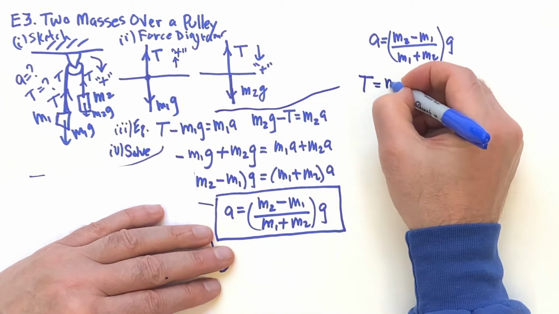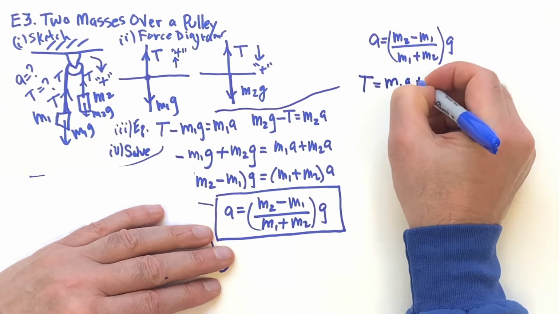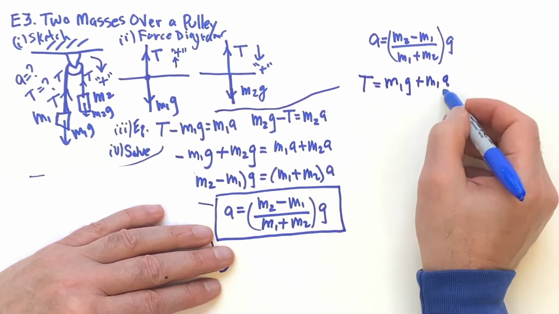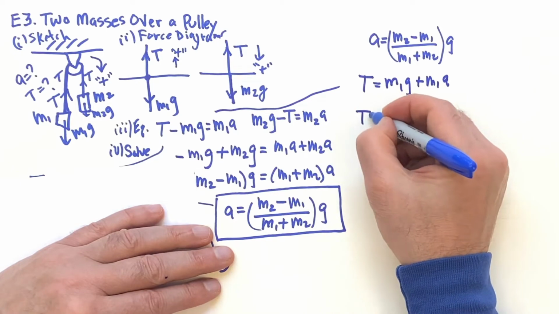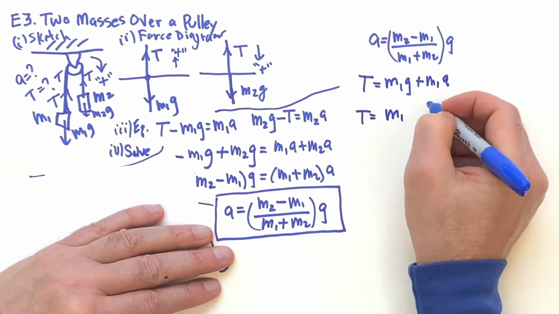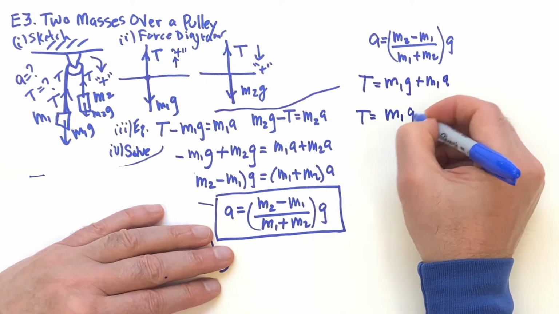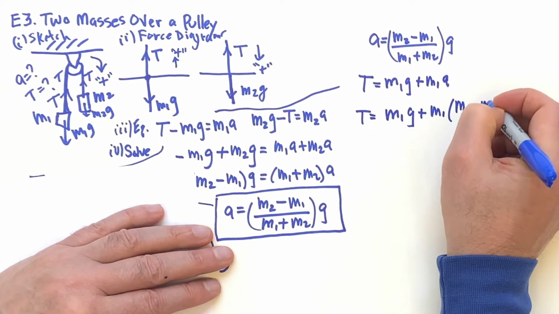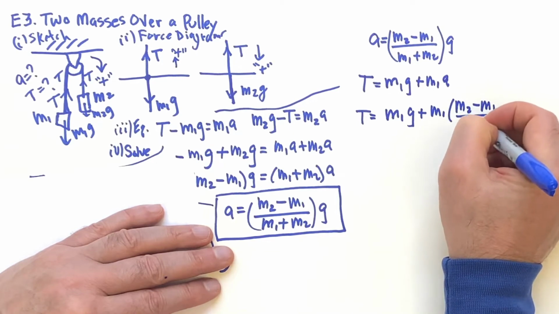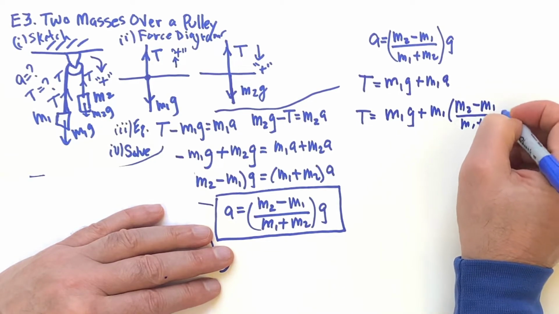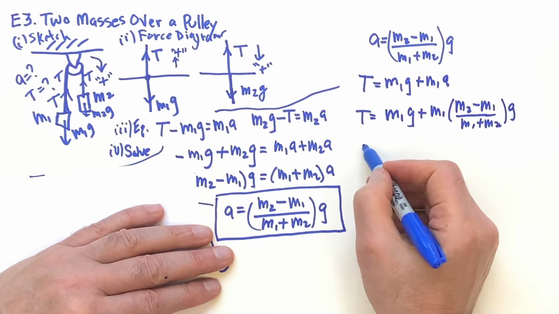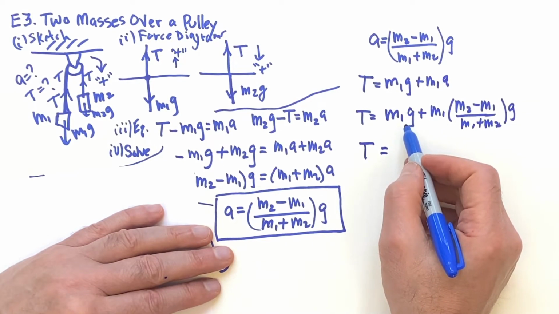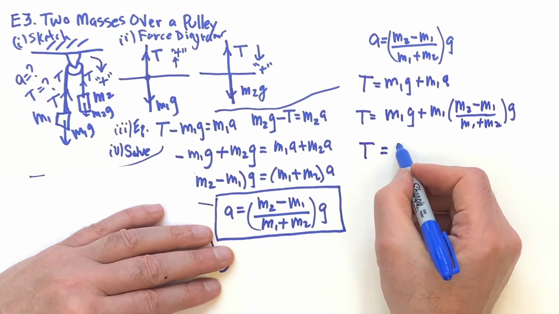Okay, so for the tension, I'm going to use this first equation here. T is M1G plus M1A. And we could use that equation for A. So T is M1G plus M1 times M2 minus M1 over the sum times G. Now I can pull out an M1G out of everything. So let me go ahead and do that.